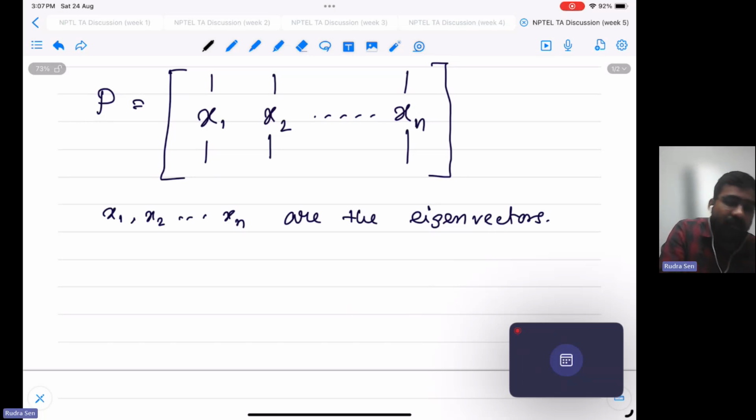Since each eigenvector is distinct, we have already studied linear independence in the previous week. If the eigenvectors x1, x2, up to xn are all distinct, that means all the columns are linearly independent. That's why we can find the inverse of P. That means the determinant of P is not equal to 0. It has some value, right?